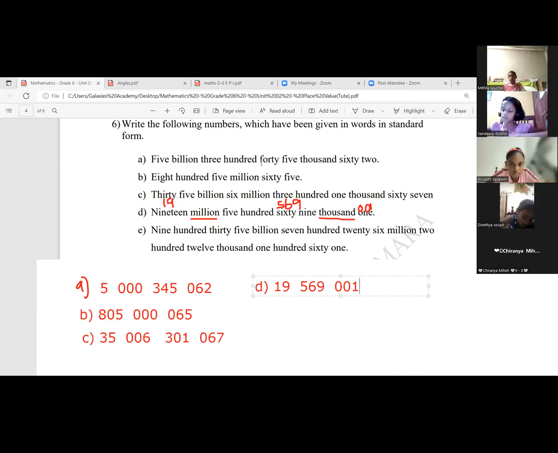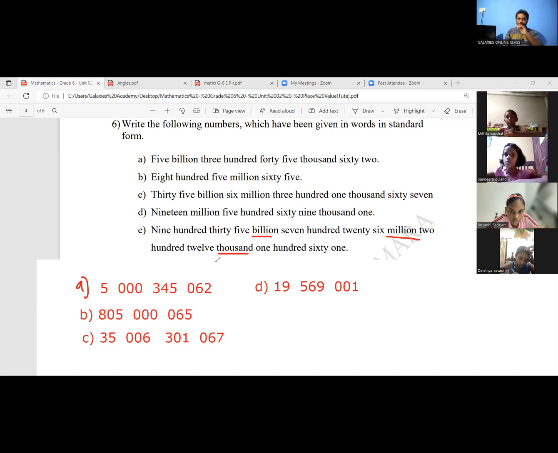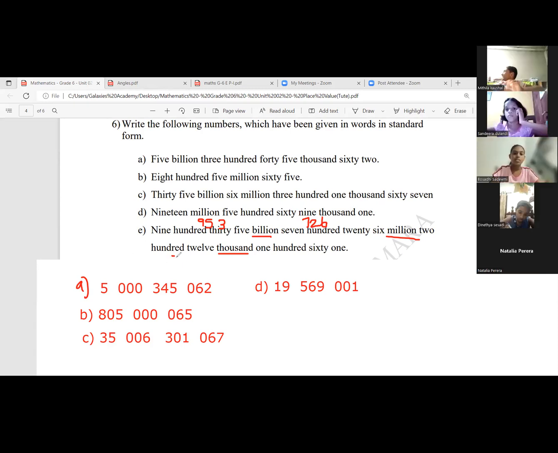But then I'm going to the last question, the last part. Billion period given, also million period, 1000 period and unit period. Look at billion period 935, million period 726, 1000 period 212, unit period 161.